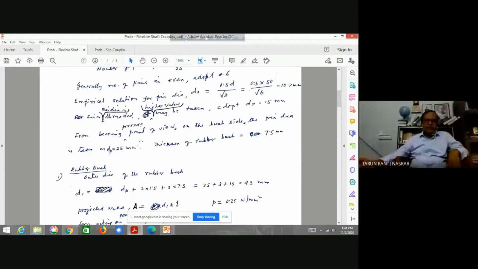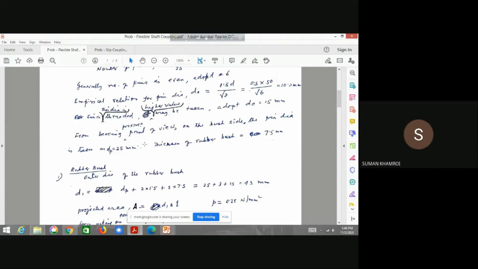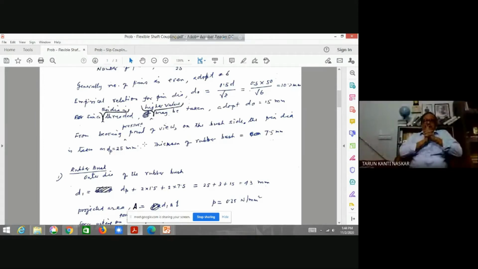This D0 is for the threaded part, and the threaded part is more vulnerable to failure. So we have calculated it as 10 point something, but considering that this is the threaded part, we adopt it as 15 millimeter. So this is the small diameter end.